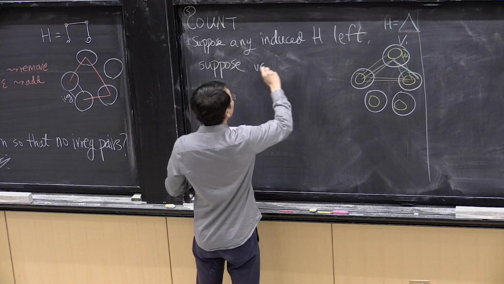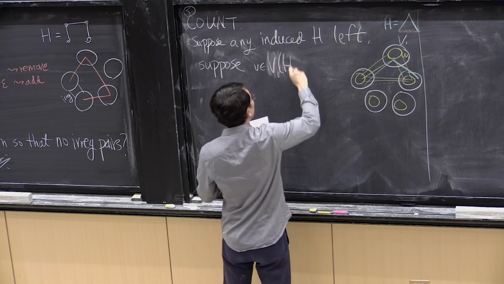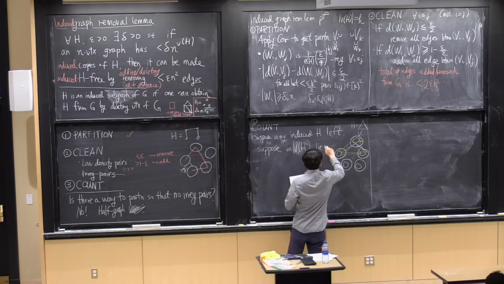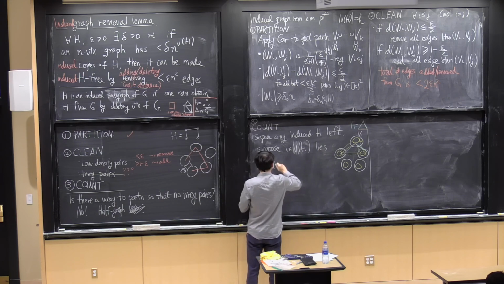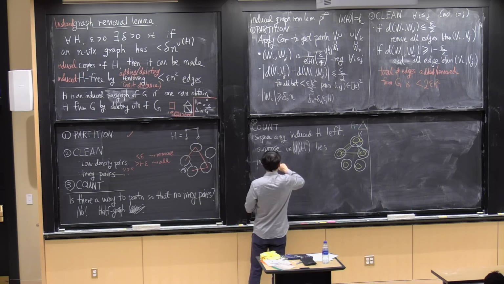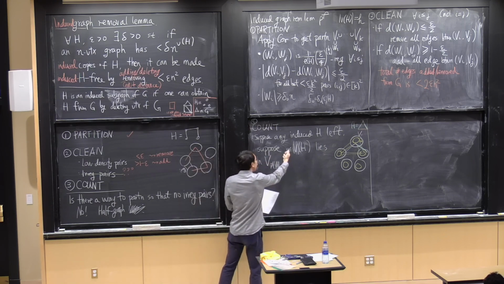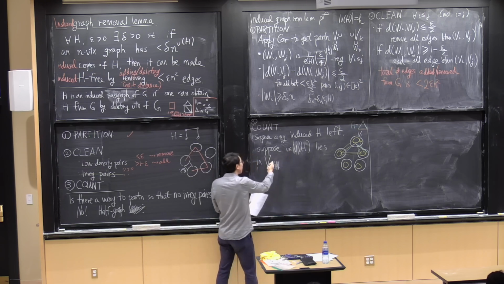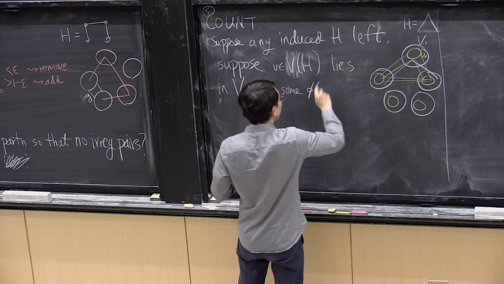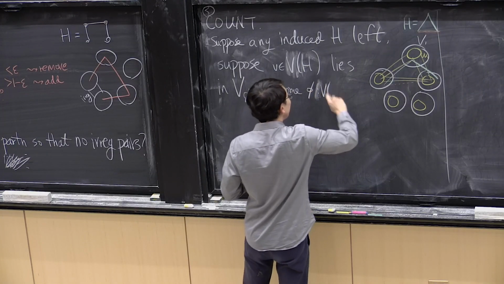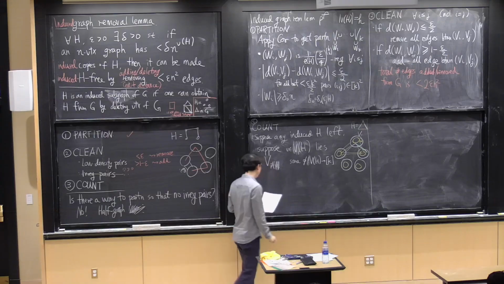Suppose the little v's vertices lie in, I'm just indexing where little v lies. So little v lies in big V sub phi of v for some phi which sends the vertices of H to 1 through K.